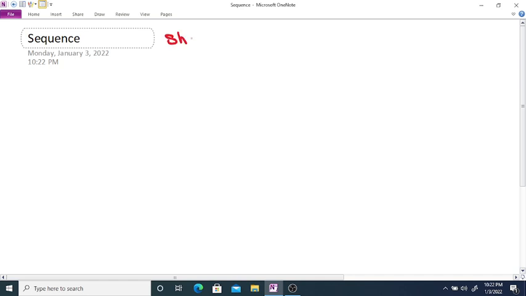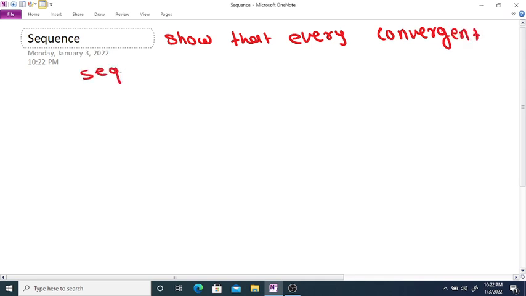Show that every convergent sequence is bounded.